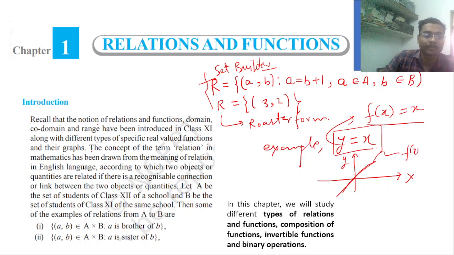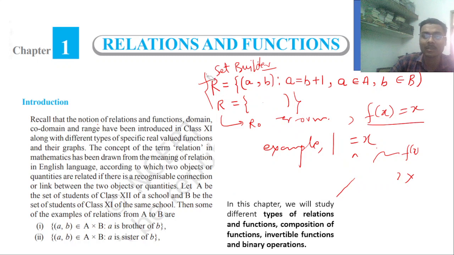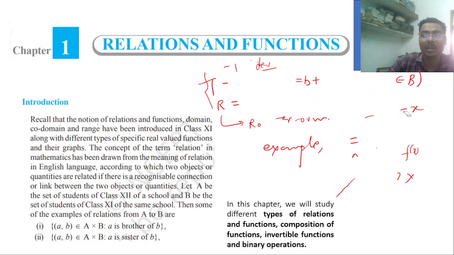Now, the concept of a relation in mathematics is drawn from the meaning of relation in the English language. What is the meaning of relation in English? Two objects or quantities are related to each other by a recognizable connection or link between the two quantities. Relation is relating objects by their recognizable connection.